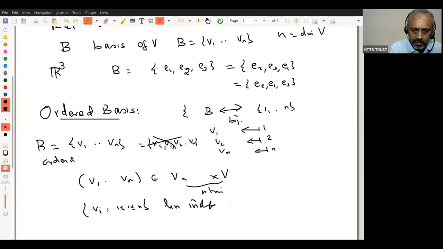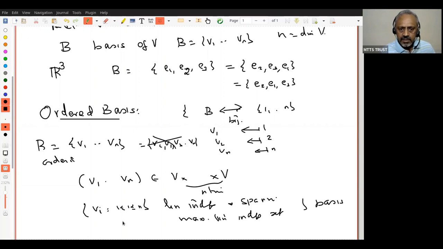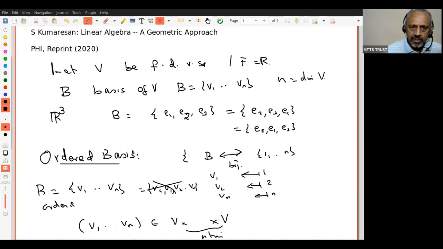And if you want, also a spanning set, or a maximal linearly independent set. That is the same as saying basis, but there is nothing like order. You understand that? But please spend some time. Look at my example for R3, you will have an idea.